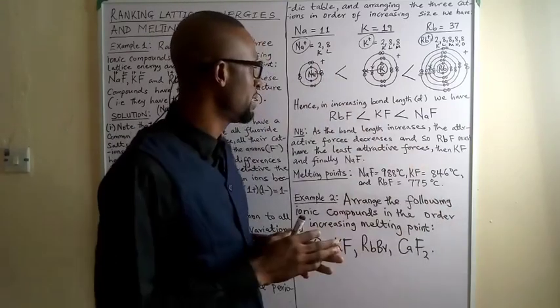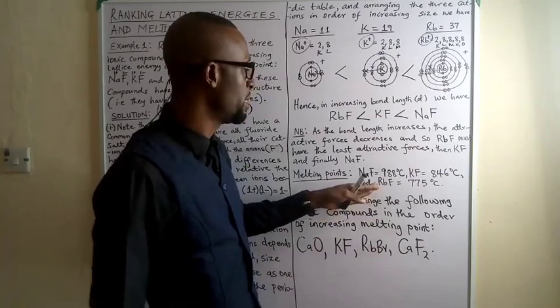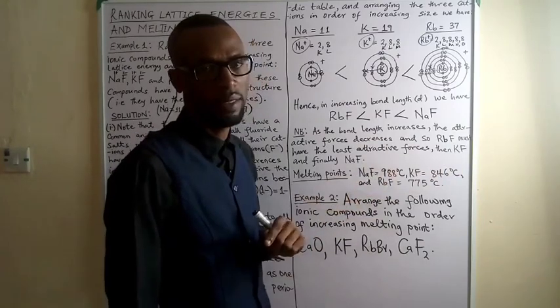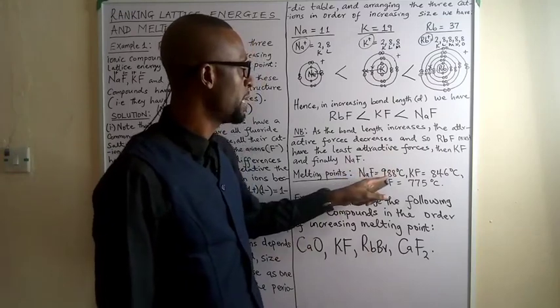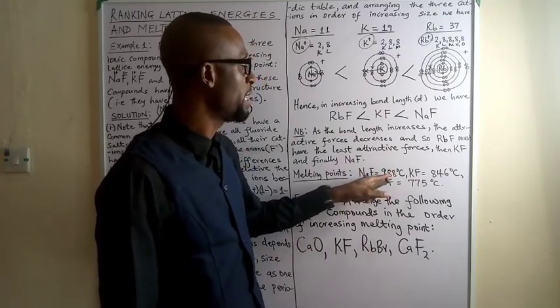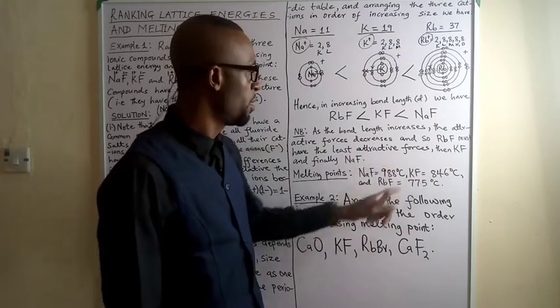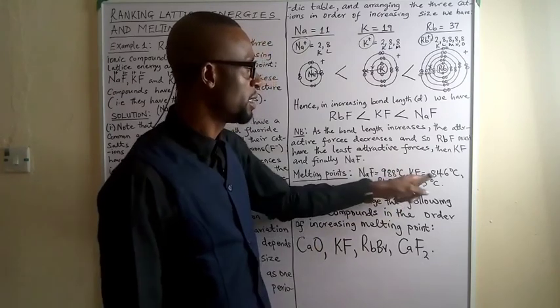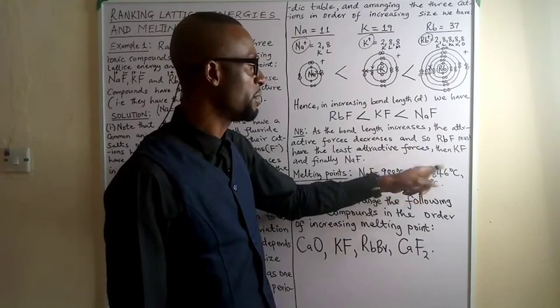And to understand this a lot more, you see this reflected in their different melting points. Again, sodium fluoride has a melting point of 988 degrees Celsius, which is higher than that of potassium fluoride, which is 846 degrees Celsius.